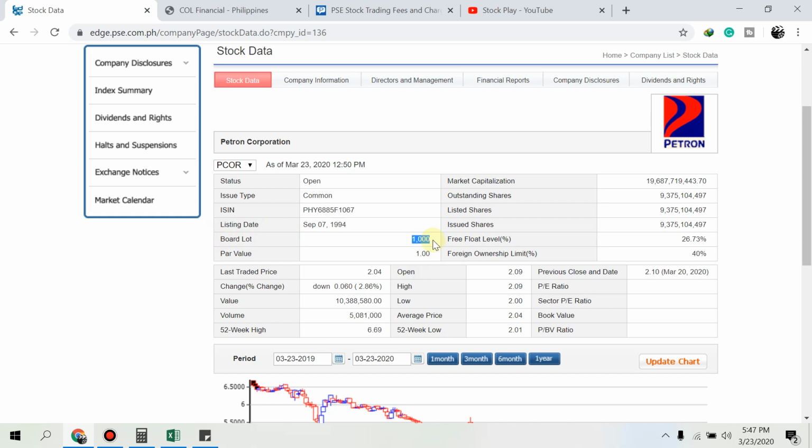Okay? Let's say, for example, bibili tayo ng Petron na 1,000 shares. Tapos, ang price niya per share is around 2.04. So, pagka pinag-multiply natin to, makukuha natin yung gross trade amount na tinatawag.